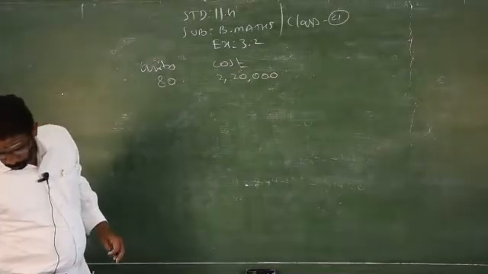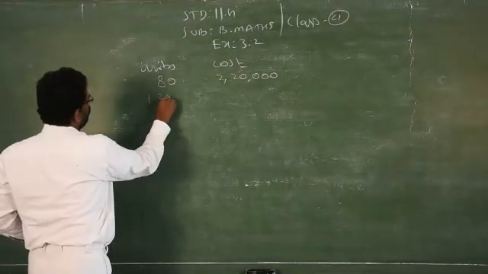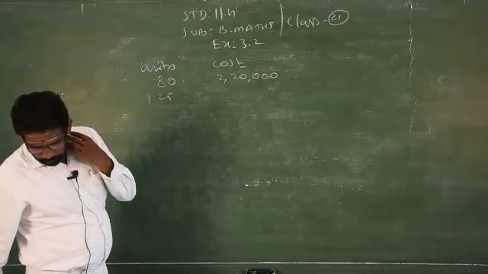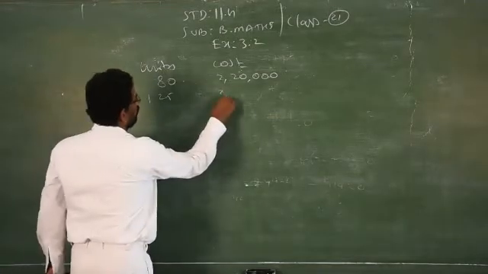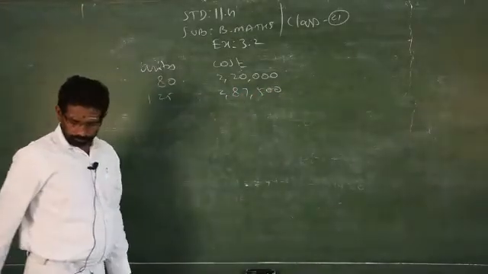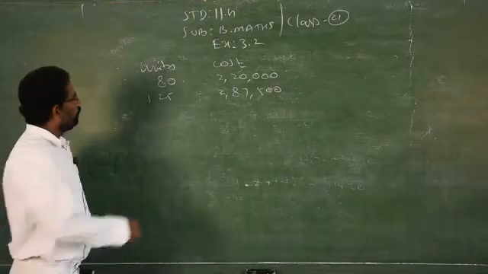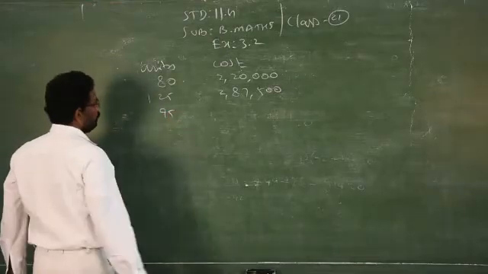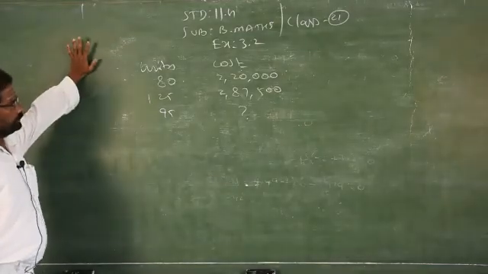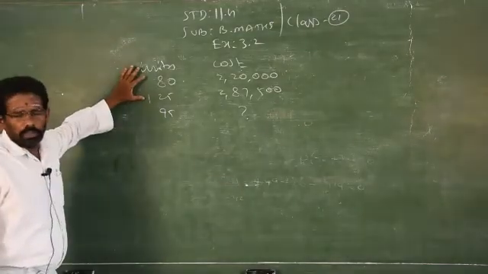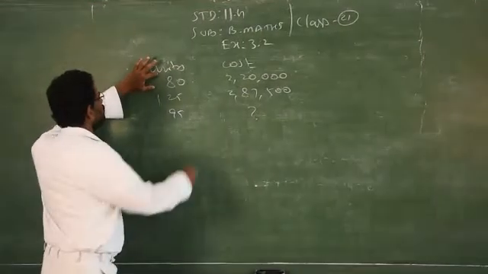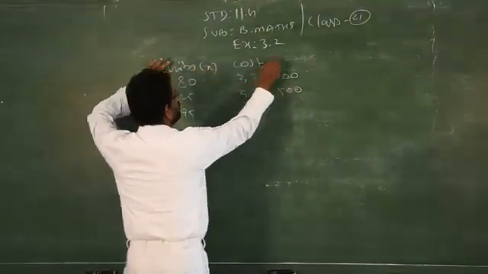The next one, number of units 125, the cost of producing those 125 TV sets is 2,87,500. You are asked to find the cost of 95 television sets. This information is given. To solve this, just now I said, take units as x and the cost as y.